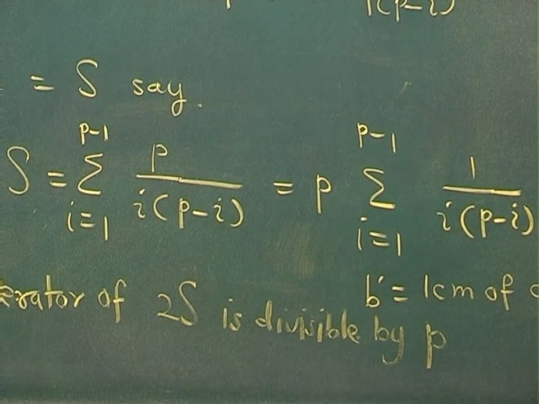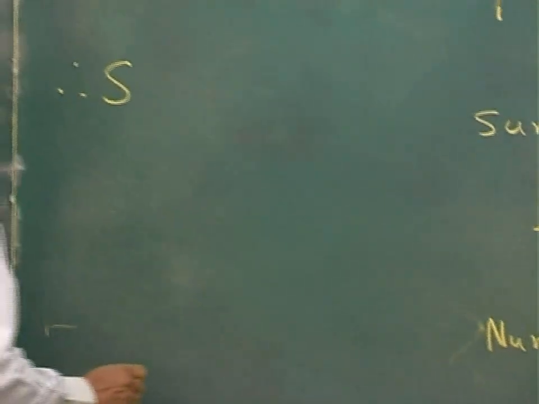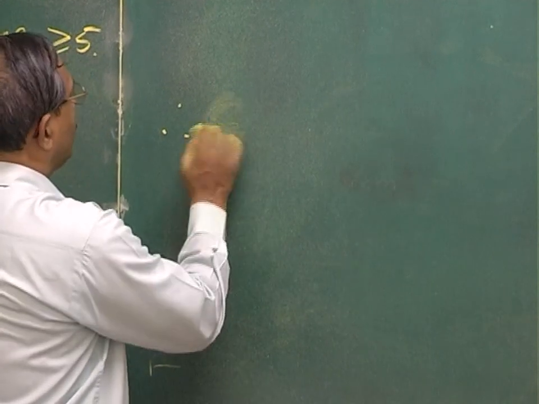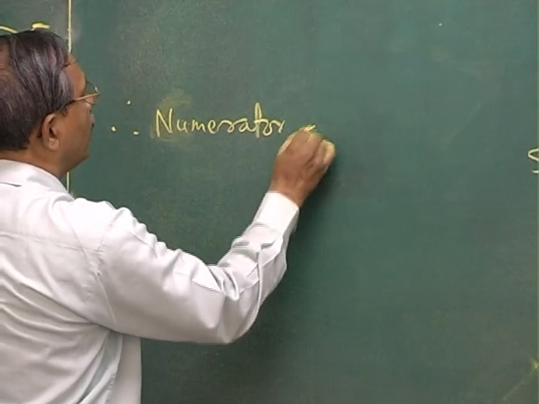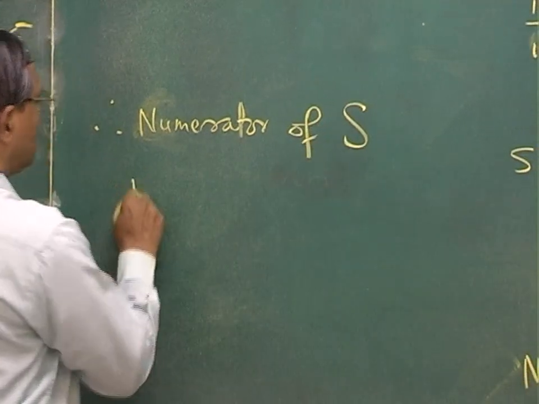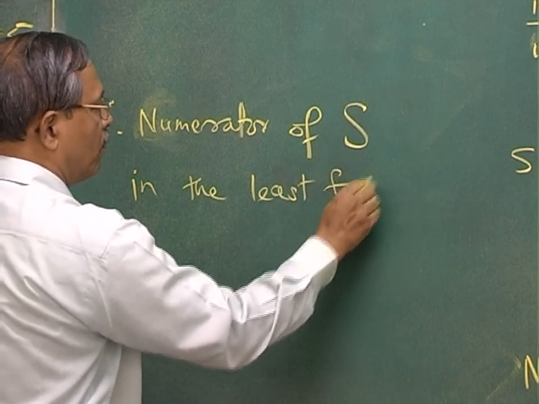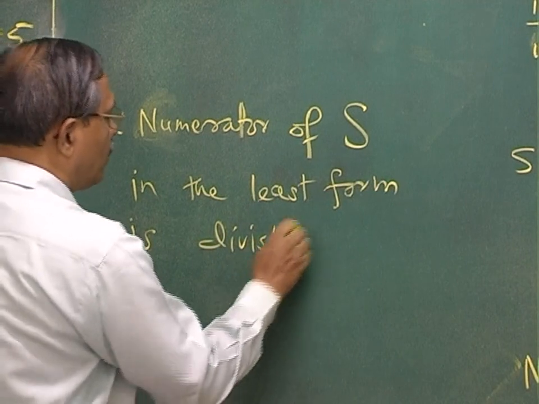And what does that mean? You can say that S also has the same property. So the numerator of S in the list form is divisible by p.